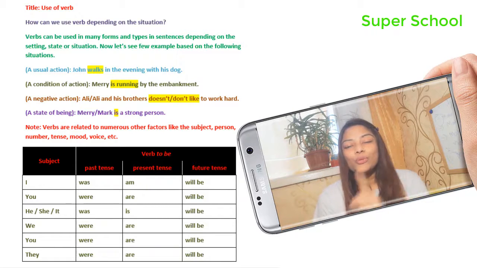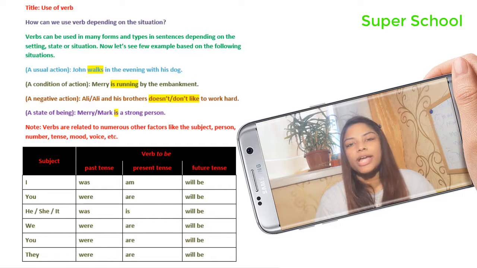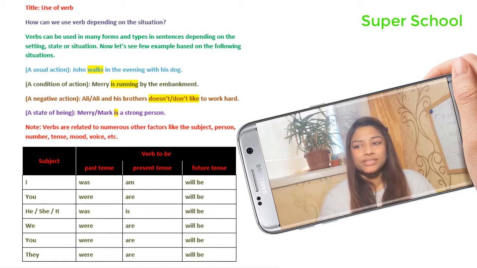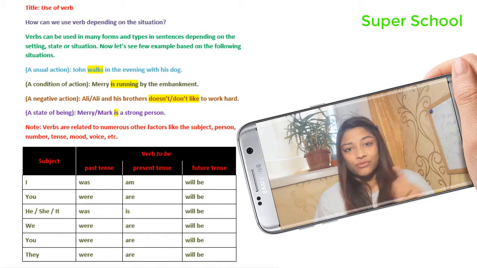So you must keep one important piece of information in your head, that is, verbs are related to numerous other factors like the subject, person, number, tense, mood, voice, etc. And that's why it's really important to be accurate in using the verb in the sentence properly.